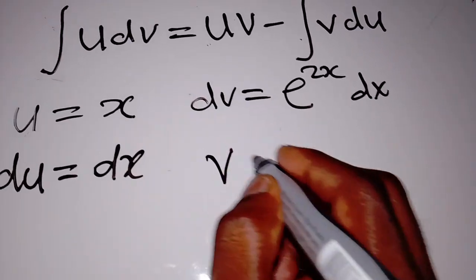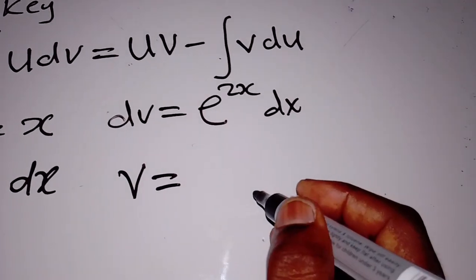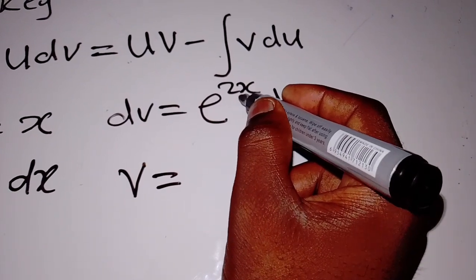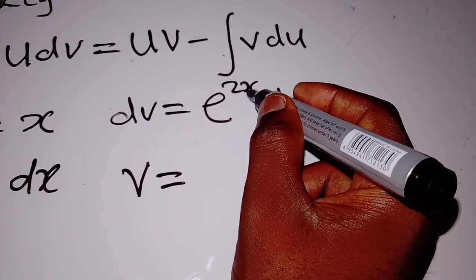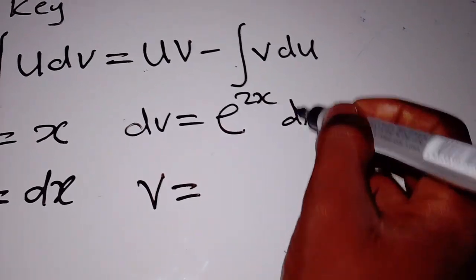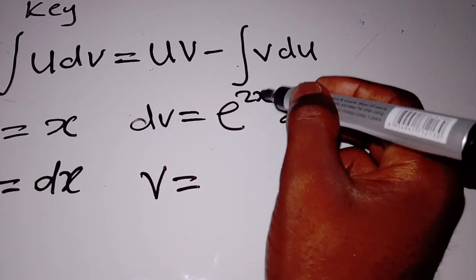So v will be equal to, when you are integrating the exponents, what you need to do is to differentiate the power and then you find the inverse of that power.